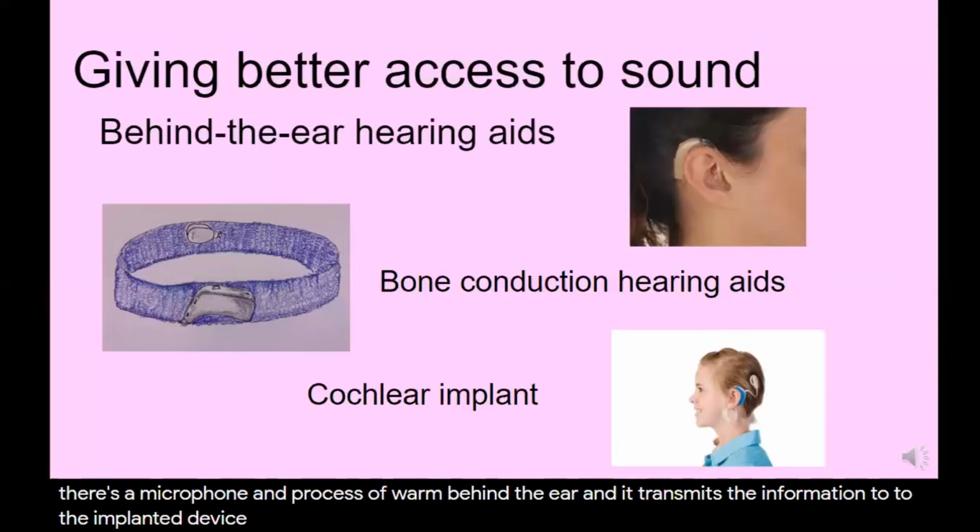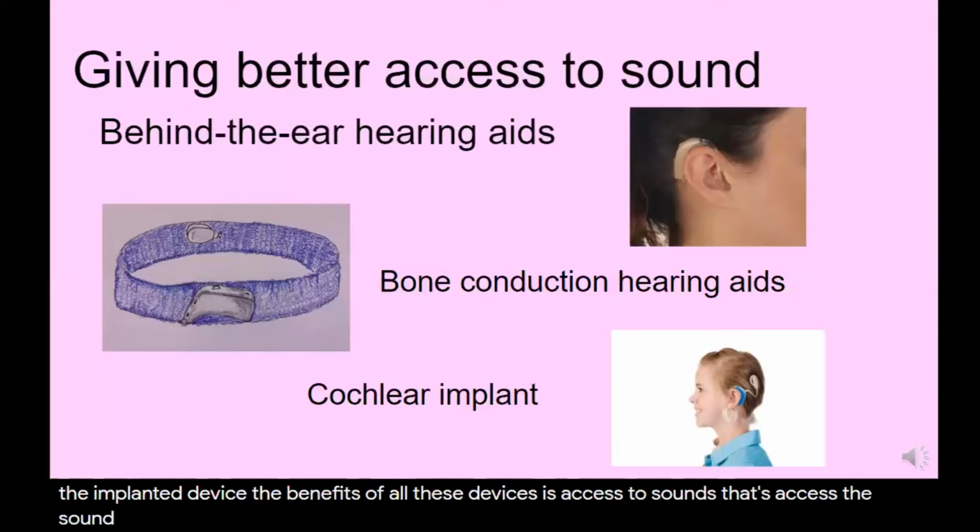Now, the benefits of all these devices is access to sound. Unfortunately, microphone technology means that access to sound is not always as high quality as we'd like.